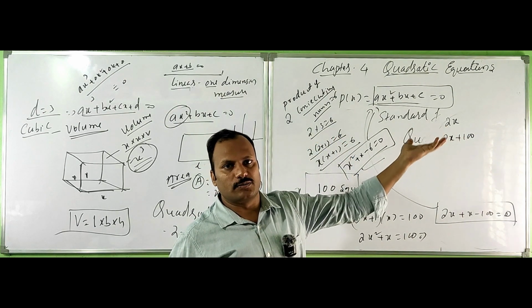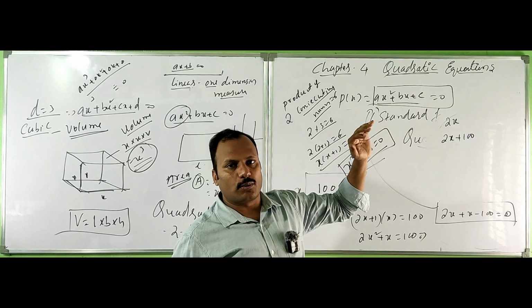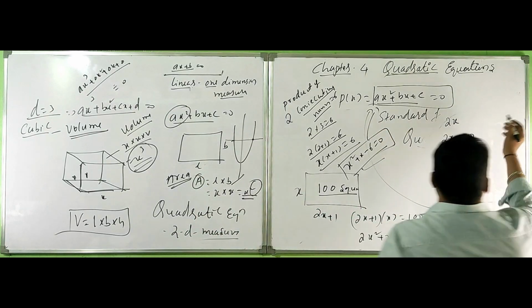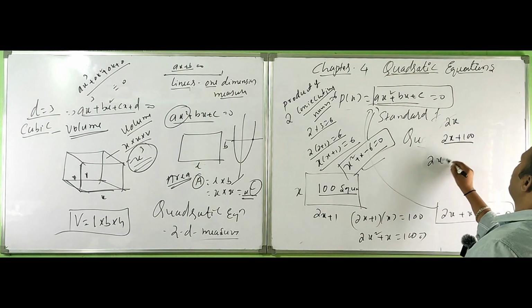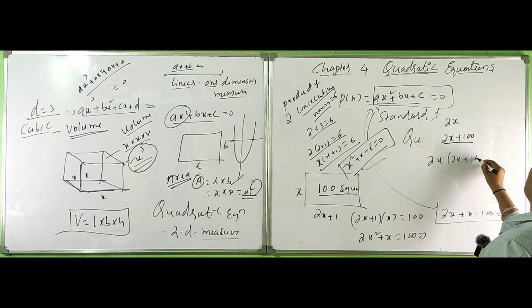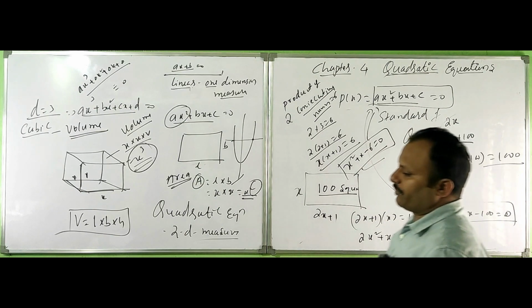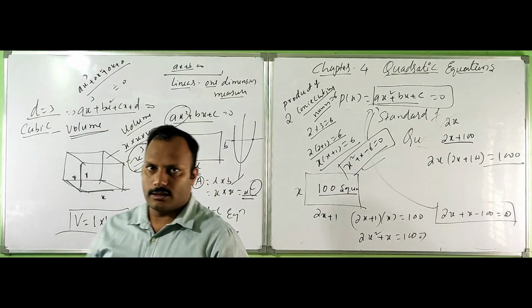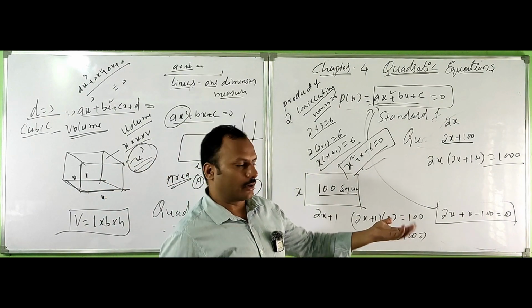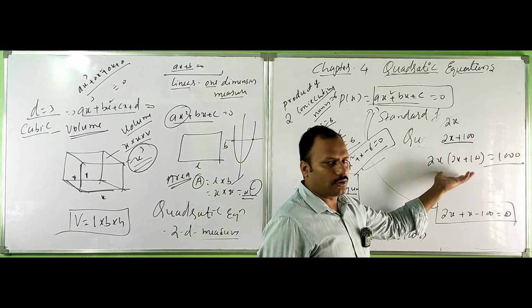Then the product of these two values, x plus 100, becomes 1000 rupees. Then find the value of the pant. You can call it a trouser or a shirt also, whatever it may be.